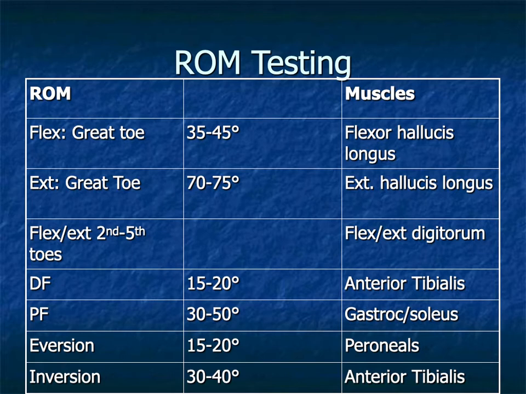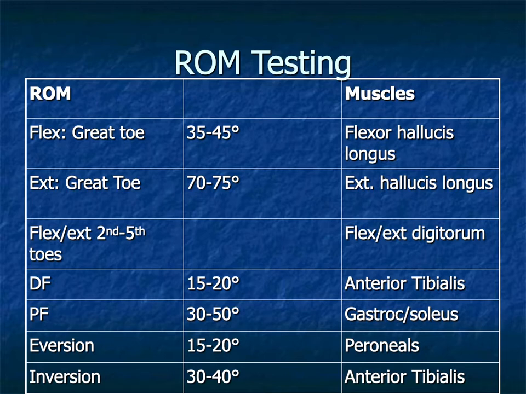Then with the strength testing, the resistive range of motion testing, again we start with the good side, and you have them push against your hand when they're doing plantar flexion. Then you cup around their foot and have them pull their toes towards the shin to test for dorsiflexion. And you can do the same thing on the injured side. You do the same thing with inversion, eversion. Do it with the big toe, little toe, all the toes.